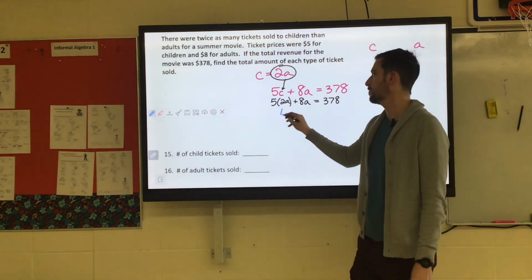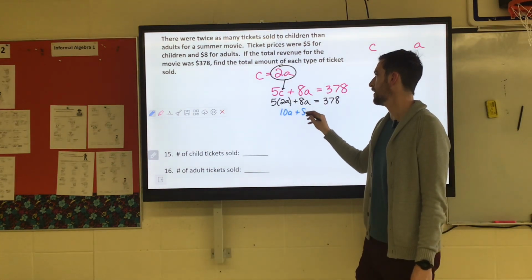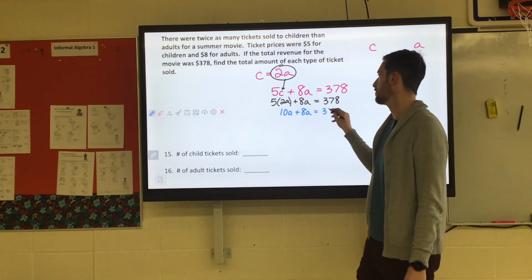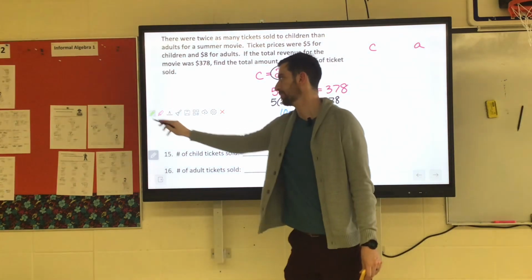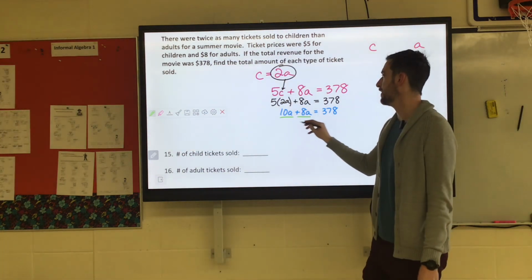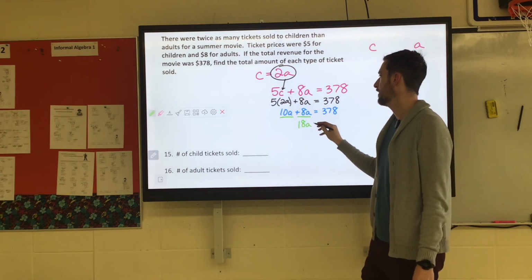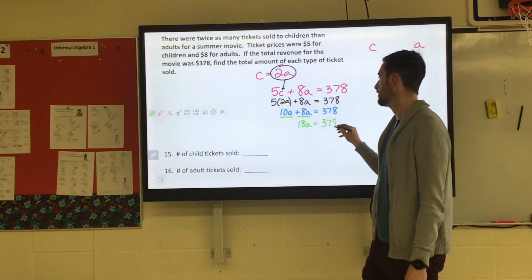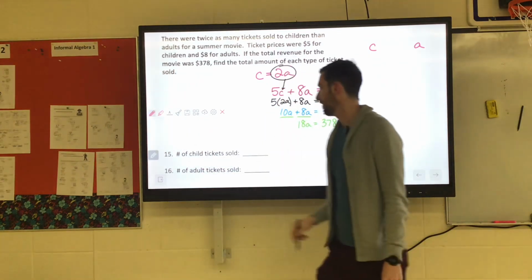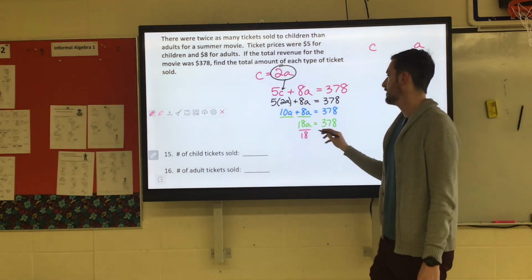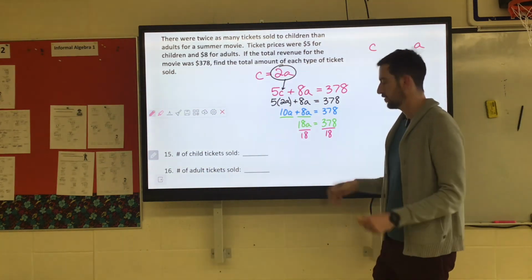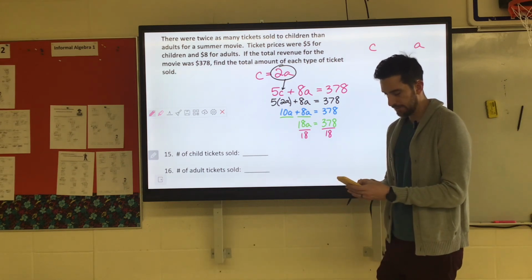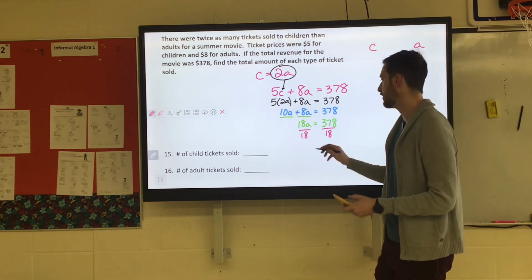So 5 times 2A is 10A, plus 8A equals 378. That would give us 18A, right? 10A plus 8A, 18A equals 378. If we divide by 18, 378 divided by 18, I don't know that offhand. 21.